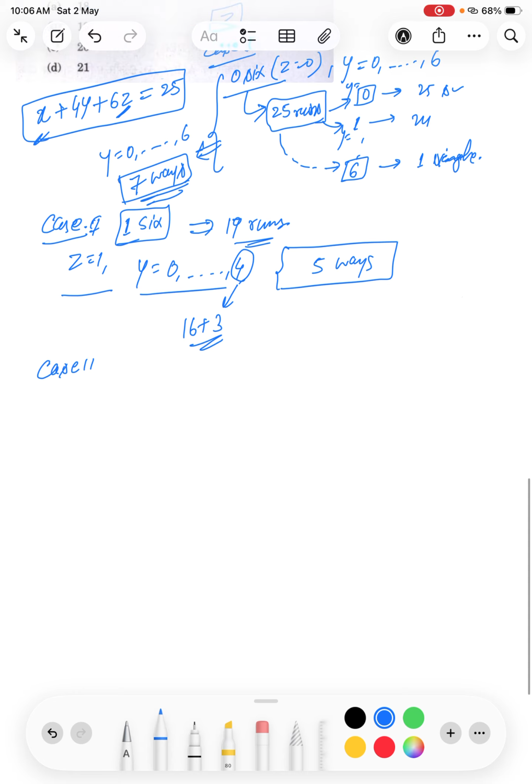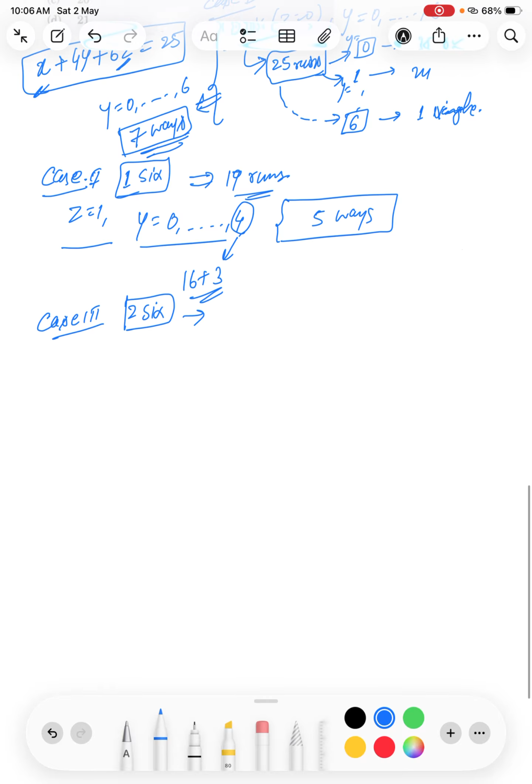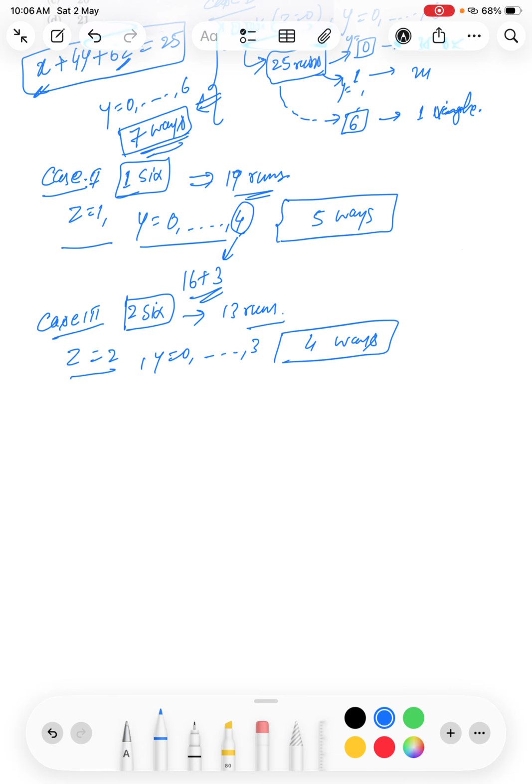Case 3, 2 sixes. You are left with how many runs to score? 13 runs to score. Z is equal to 2. Y is starting from 0 up until 3. So 4 ways.